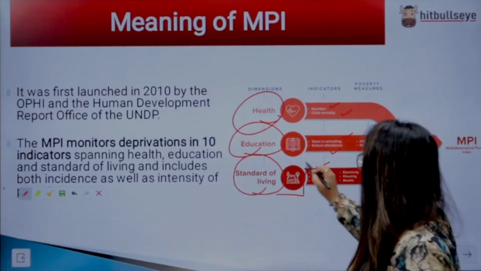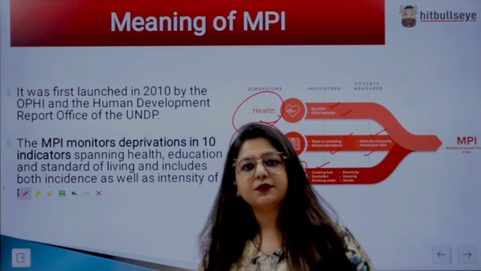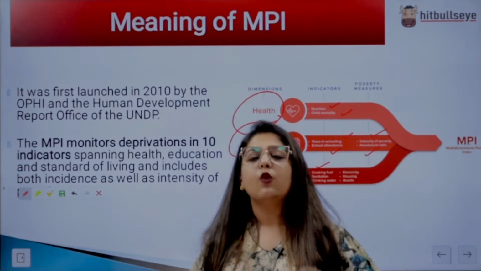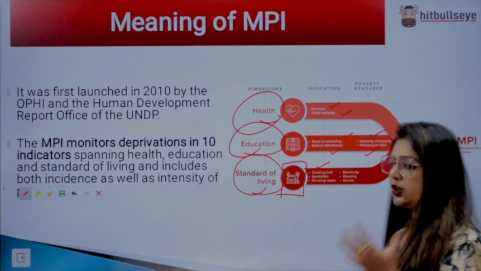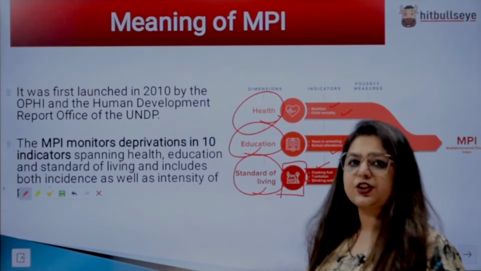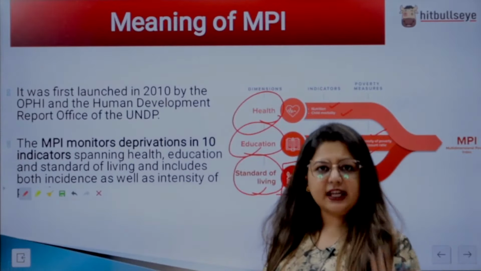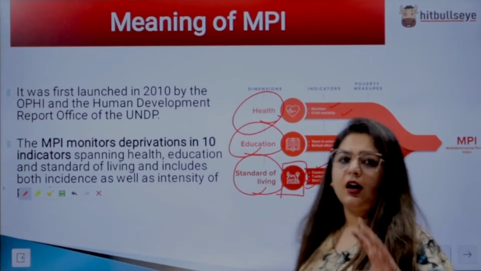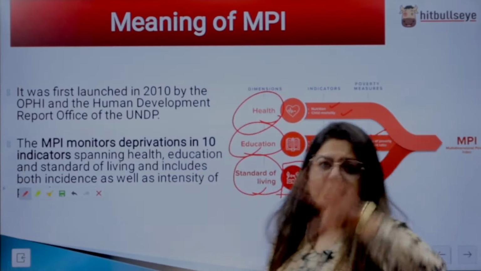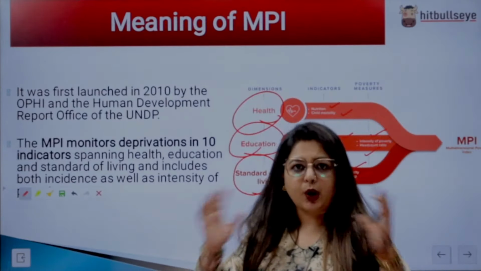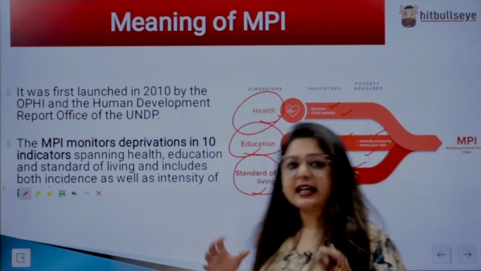Then in the standard of living, which is how well or what is the standard of living that you have, what are the assets that you have, what is your type of living in your particular area. So it takes into account the cooking fuel, the sanitation of your home, of your area, the drinking water, whether you have access to safe drinking water or not, electricity, the number of hours the electricity is provided to you, housing, whether it is a properly constructed home or not. Then the last one is the assets that you have.